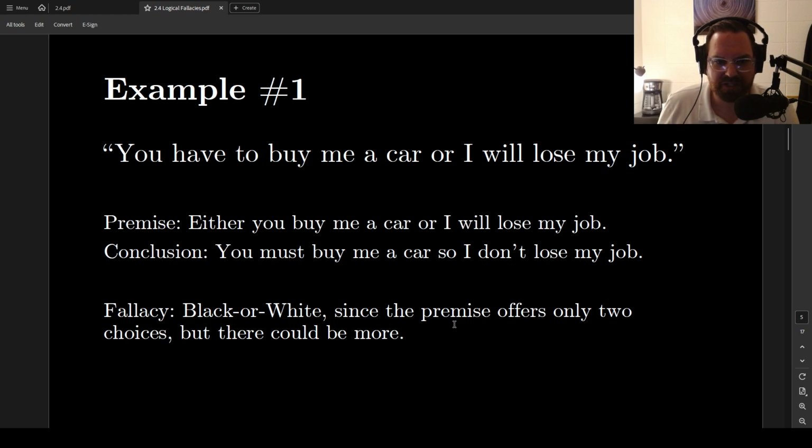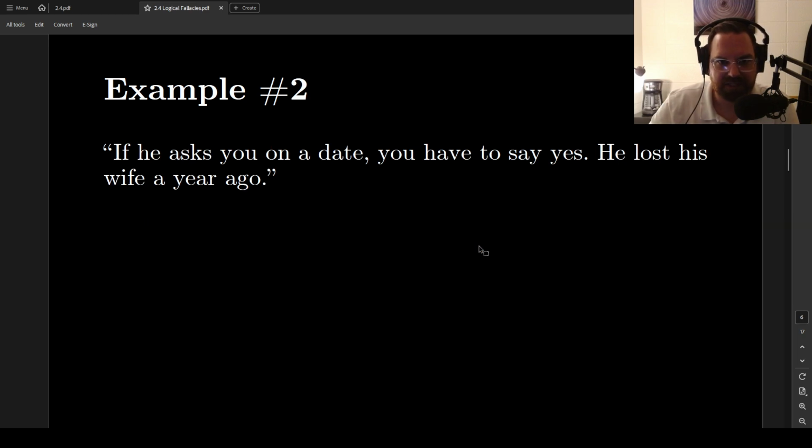The premise only offers two choices, but there's obviously more, right? You could save up money to buy a car. You could call a friend to take you to your job. You could ask me if I can take you to your job, if this is my child, right? So, again, black or white. It's this or that. All right, let's do the next one.